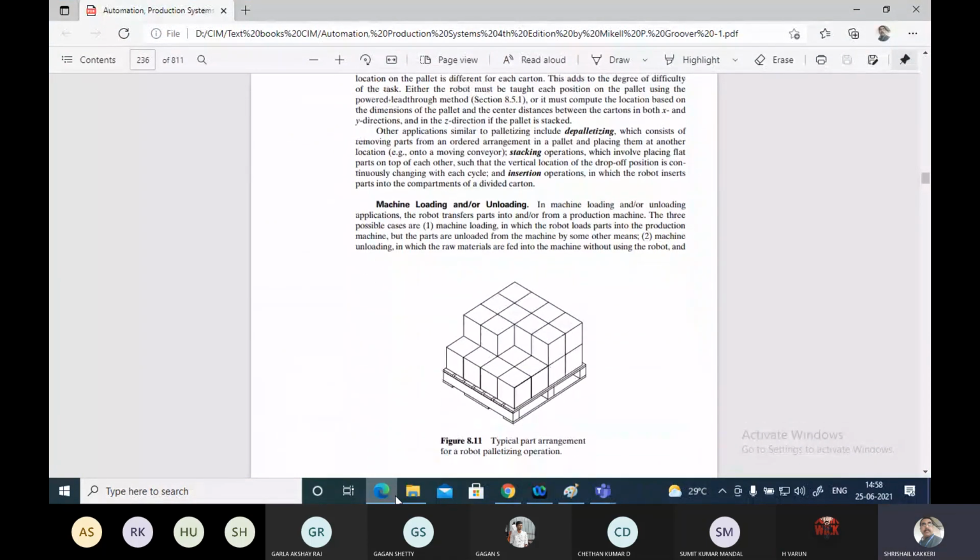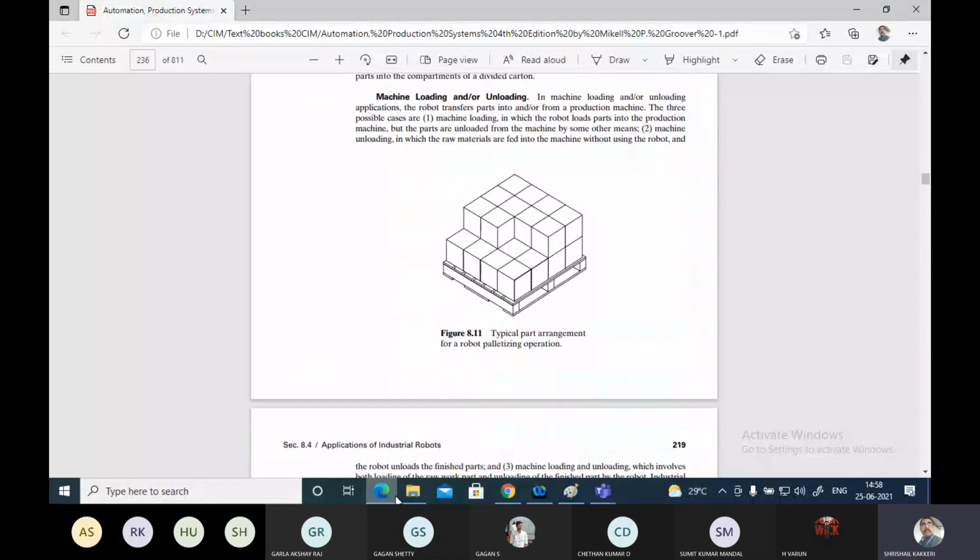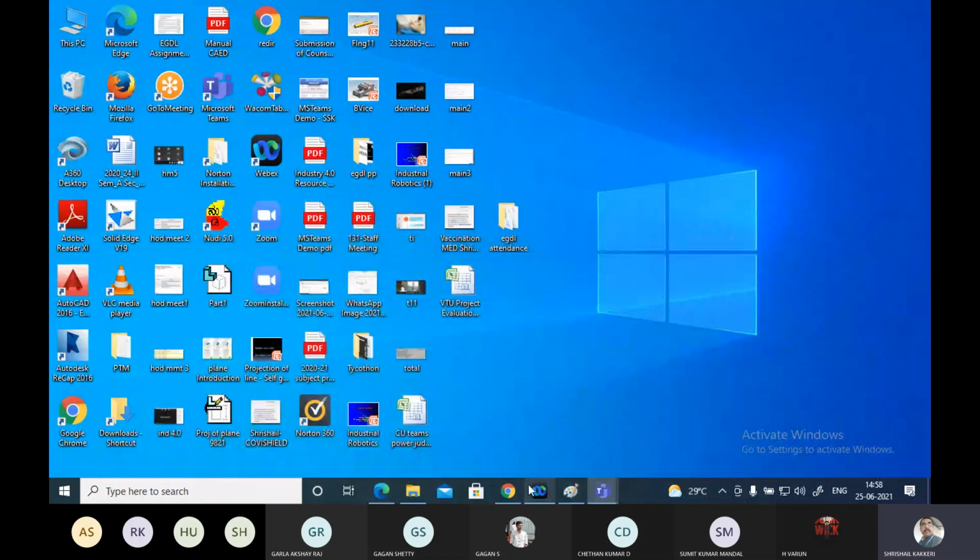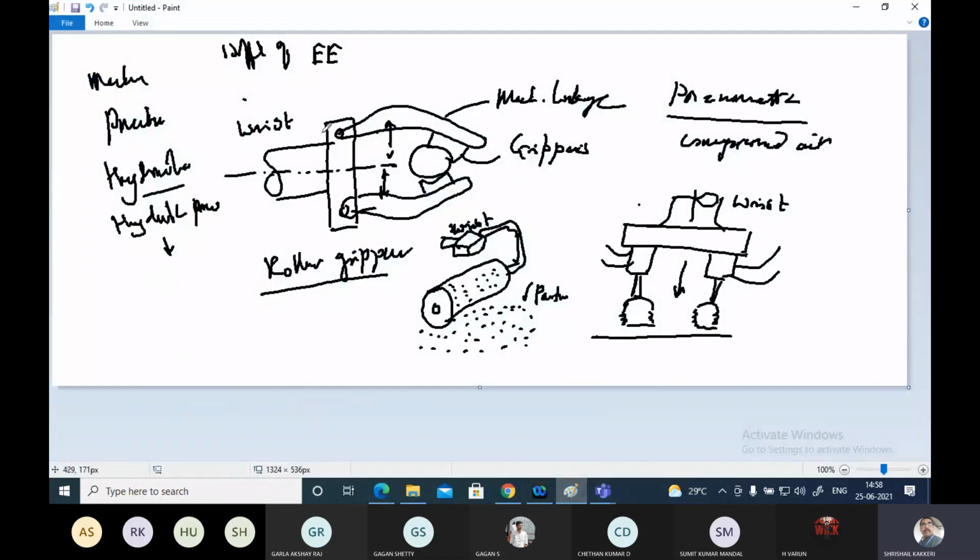And now explain the applications of robot for the machine loading and unloading. And here one can write a simple figure of it. So here I'll be writing one reduced figure and show you.